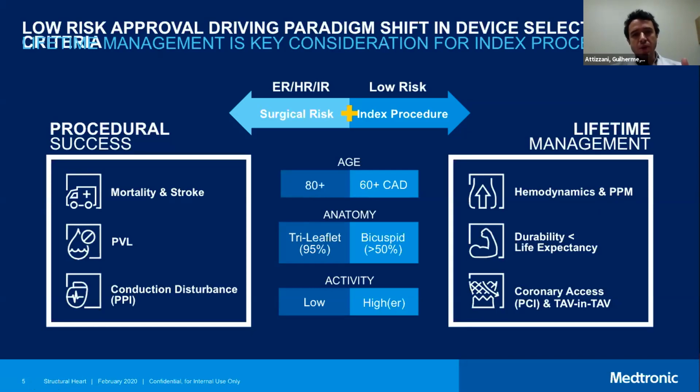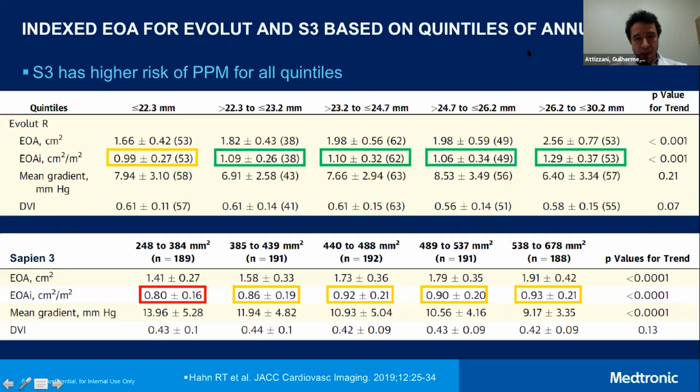They are here. So we need to discuss the long-term plan for patients. It's not about being successful in the index procedure, but rather how this patient is going to live down the road, and what kind of quality of life we're providing to the patients.